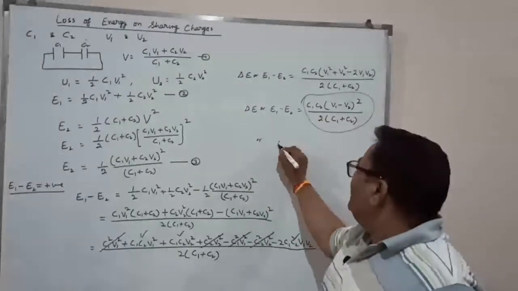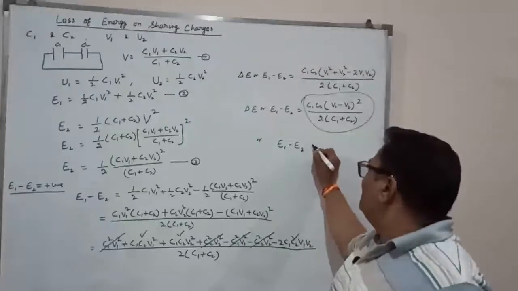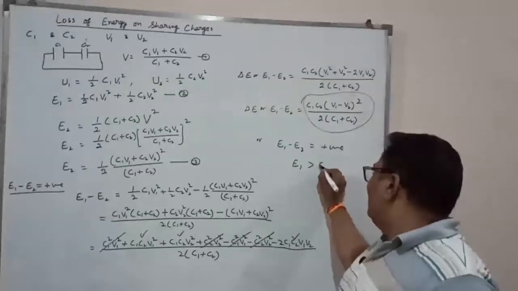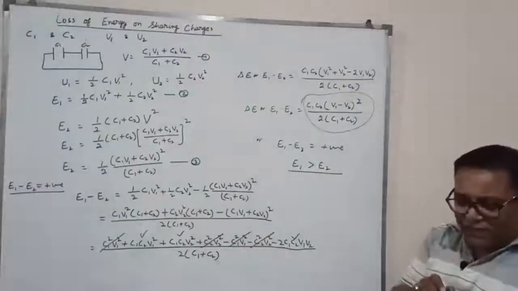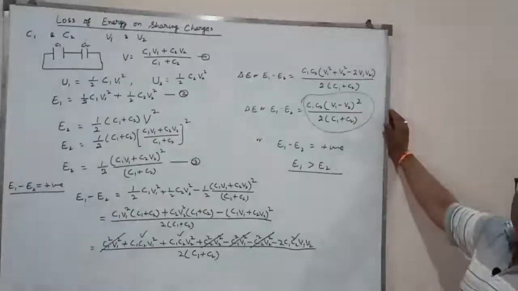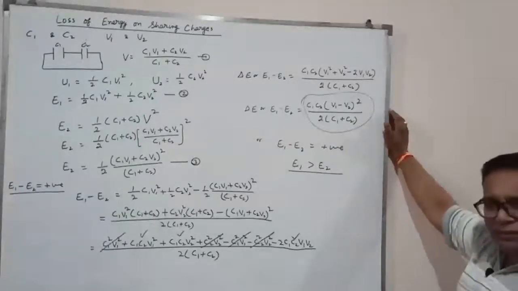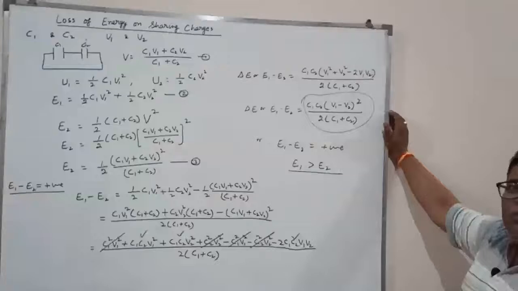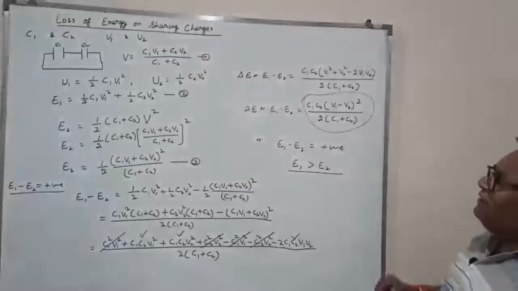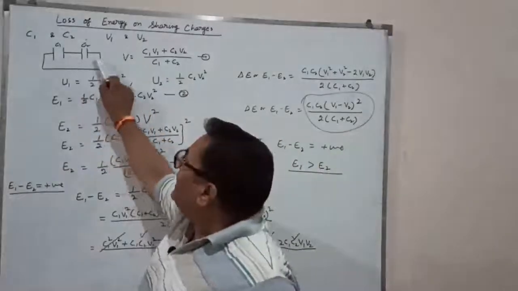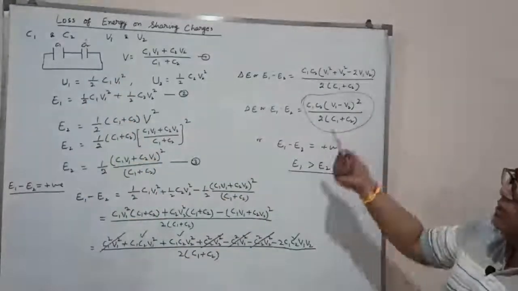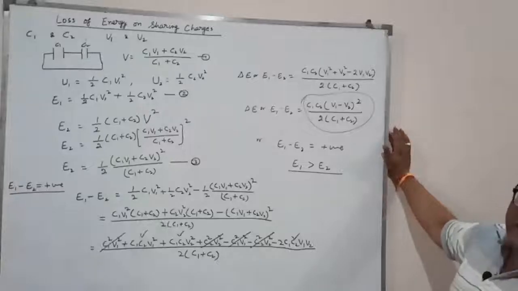So E1 minus E2 is positive, therefore E1 is greater than E2. It means before connecting the capacitors, the energy stored in them is larger. After connecting them, the capacitors lose their energy. Then where does this energy go? This energy is used to heat the connecting wires. The wires through which we connect the capacitors, the energy goes to heat those connecting wires.